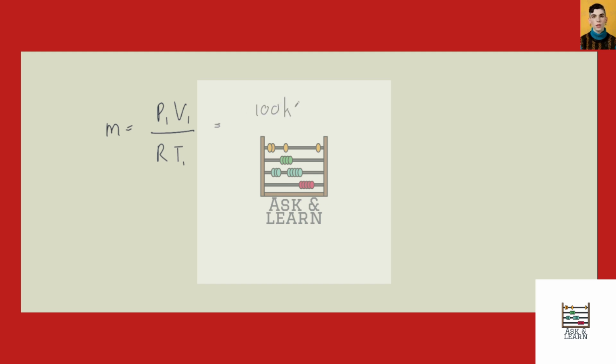So the initial pressure is 100 kilopascals times the initial volume, 0.2 cubic meters, over the gas constant, which we said for helium was 2.0769, and that's kilopascal meter cubed per kg Kelvin, and that's multiplied by the initial temperature of 283 Kelvin.